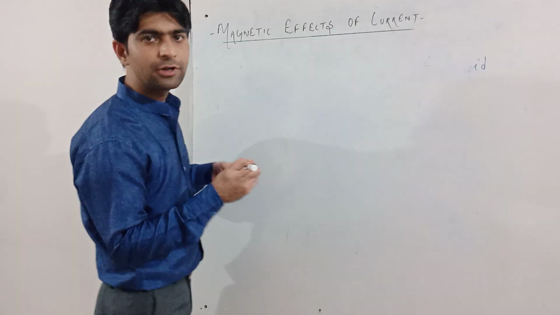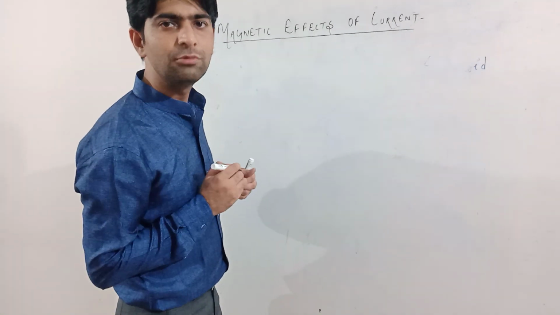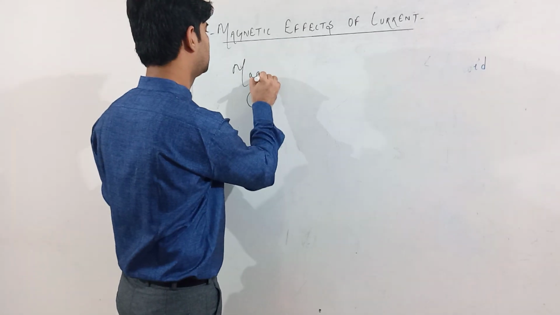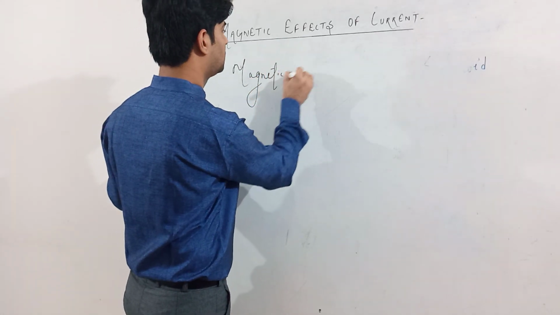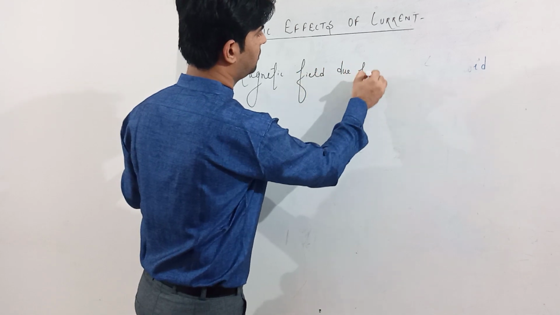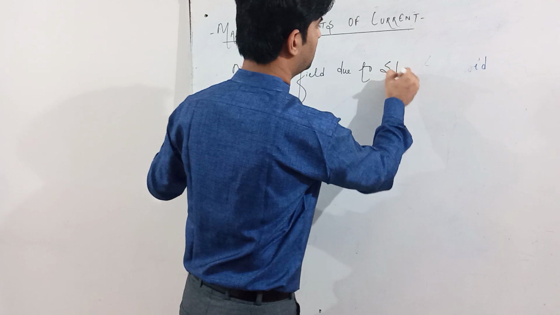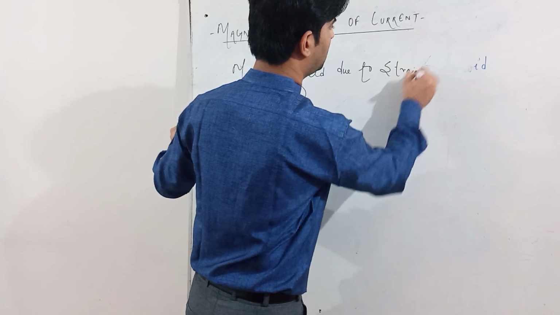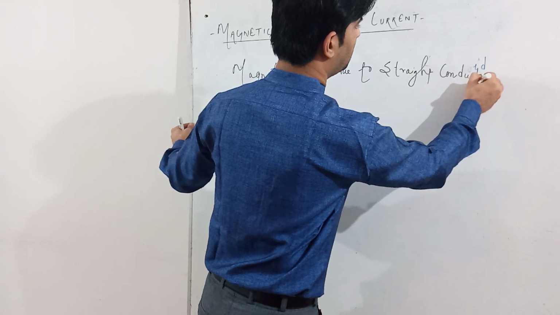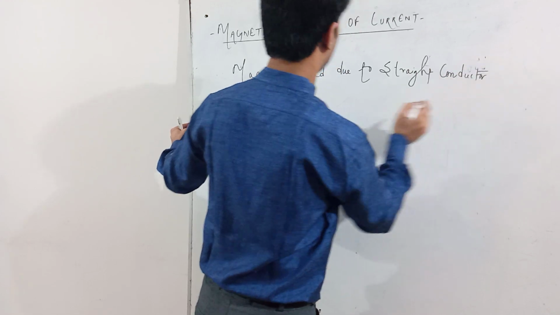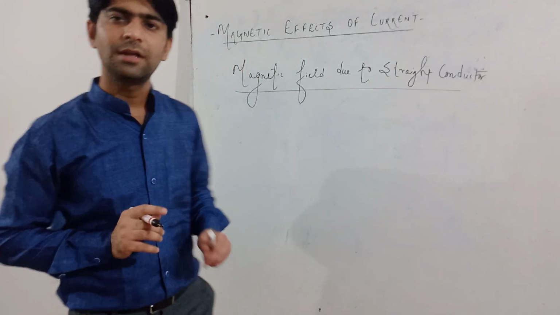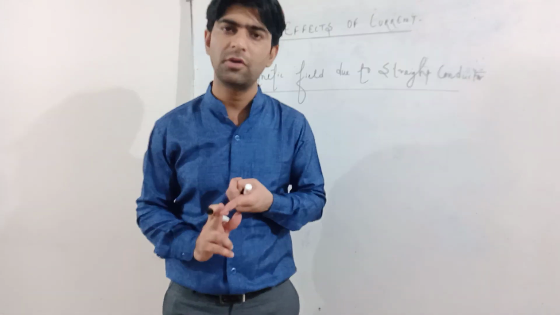In this we are going to study the magnetic field due to a straight conductor. As points of analysis, the first point is the pattern of the magnetic field.